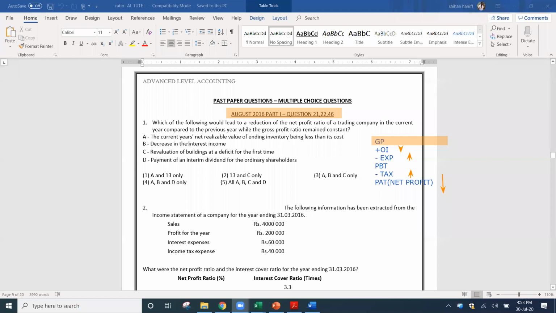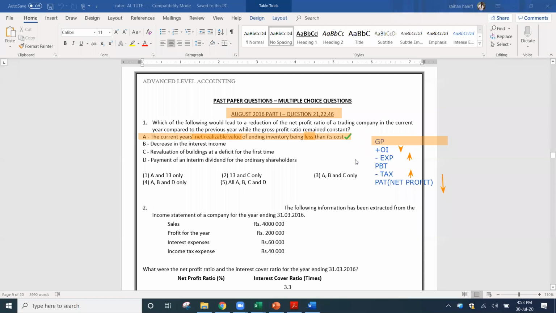Right. So the current year's net realizable value of ending inventory being less than its cost. If the NRV is less than the cost, then you recognize it as an expense. So because of this transaction, expense increase. So this is correct.